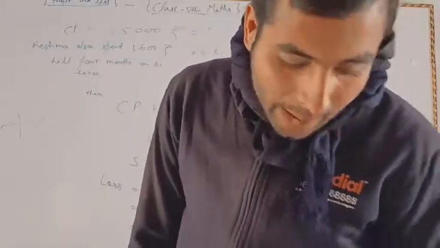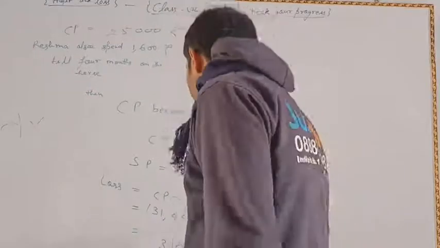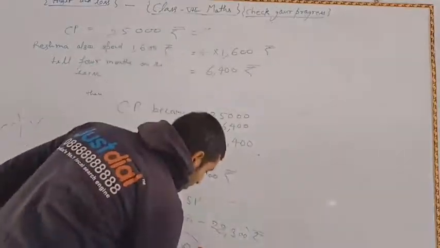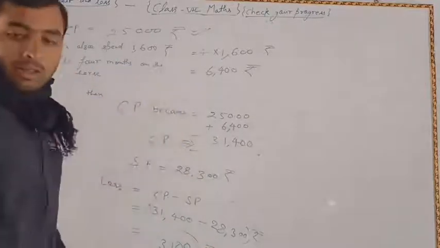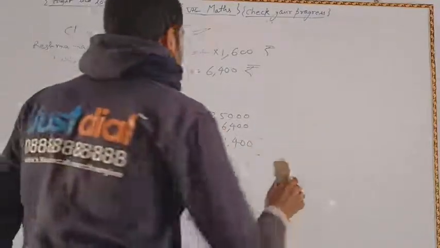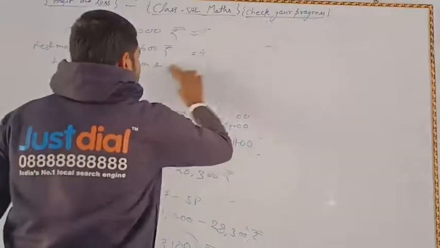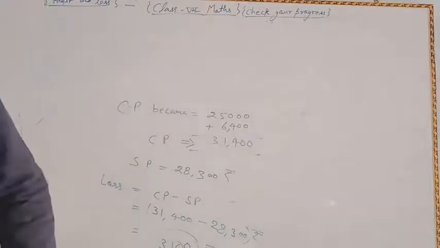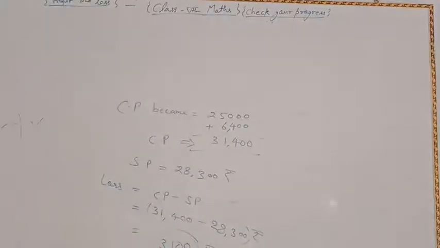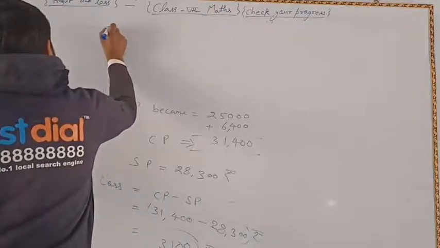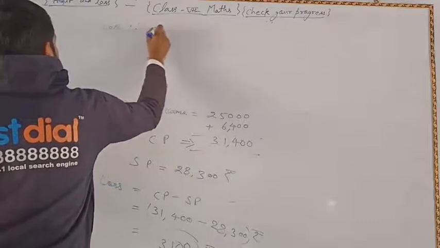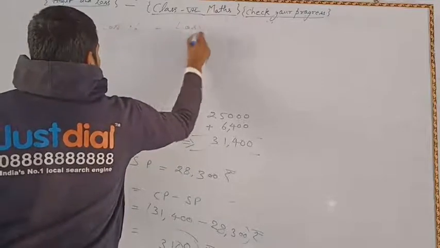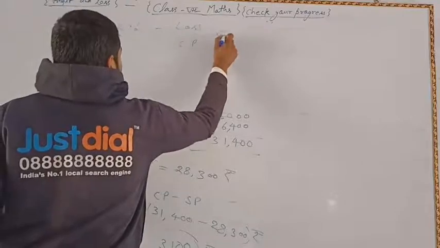Now again we have to find out the loss percent of this amount. For the loss percent, you know that loss percent is equal to loss upon CP into 100.